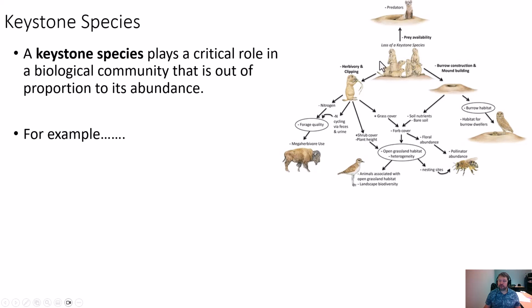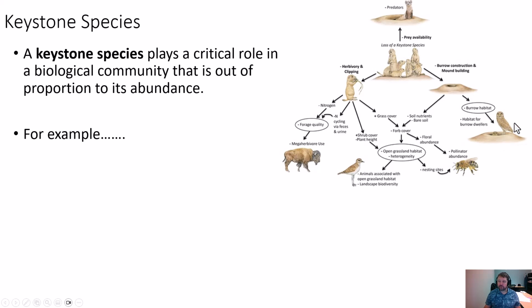Okay? If you remove it, there's obviously less mounds and burrow construction. If you do that, then habitat for species that can't dig their own burrows goes down. So things like burrowing owls, they live in the holes or in burrows, okay, but they don't have the capability of digging their own burrow. Okay?